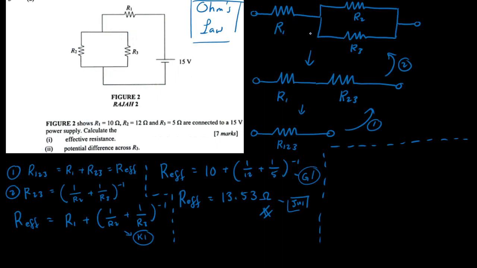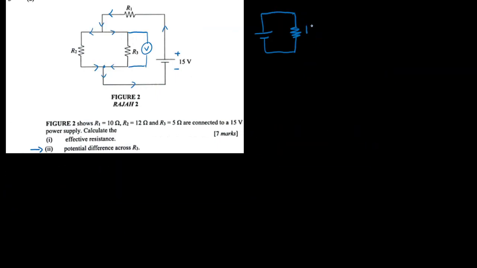Okay, so now I know that I can have a simpler diagram that looks something like this. So I can have a battery or a power supply and then the resistance, and that resistance is going to be approximately 13.53 ohm, and I have a power supply of 15 volts.